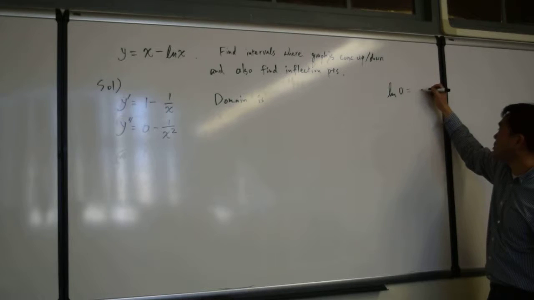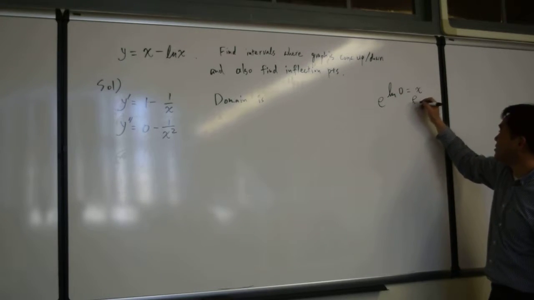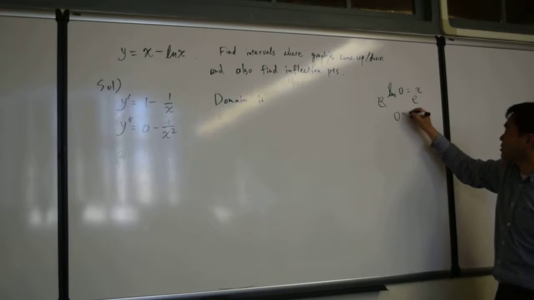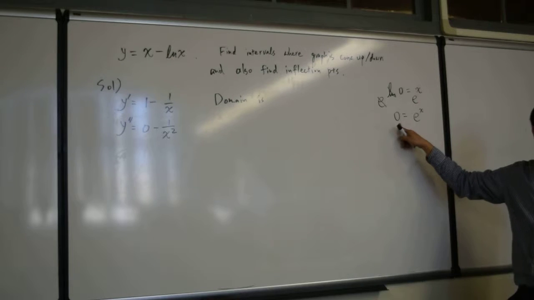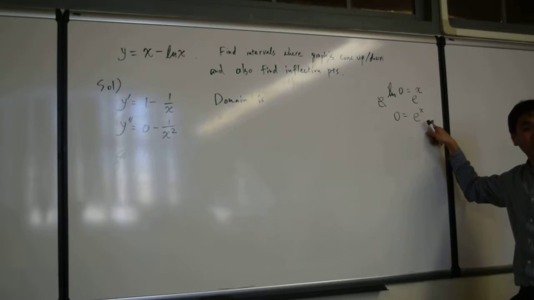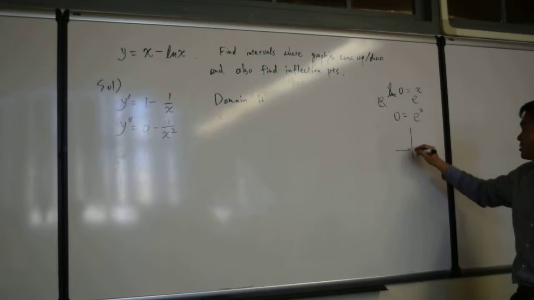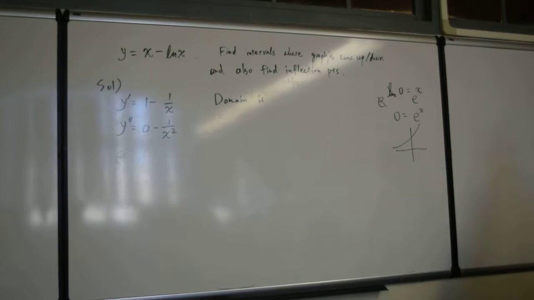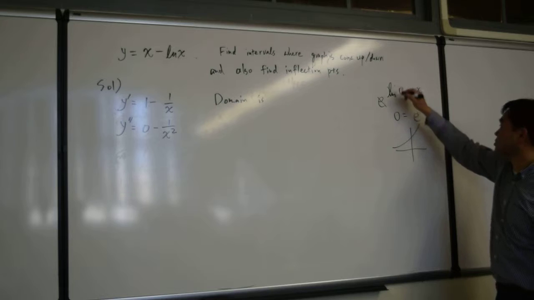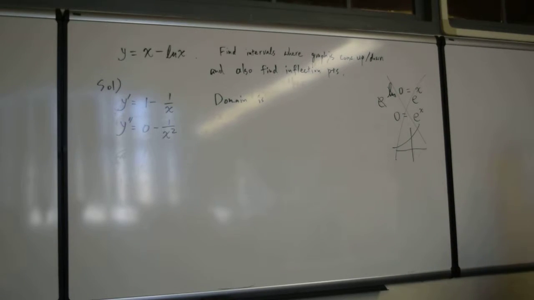If log of 0 was some value x, you can exponentiate both sides. So you're looking for the case where some exponential function gives you 0. Is that possible? No, the graph of the exponential function never passes through the x-axis. It doesn't have any x-intercept, so it's impossible. So log of 0 doesn't exist.